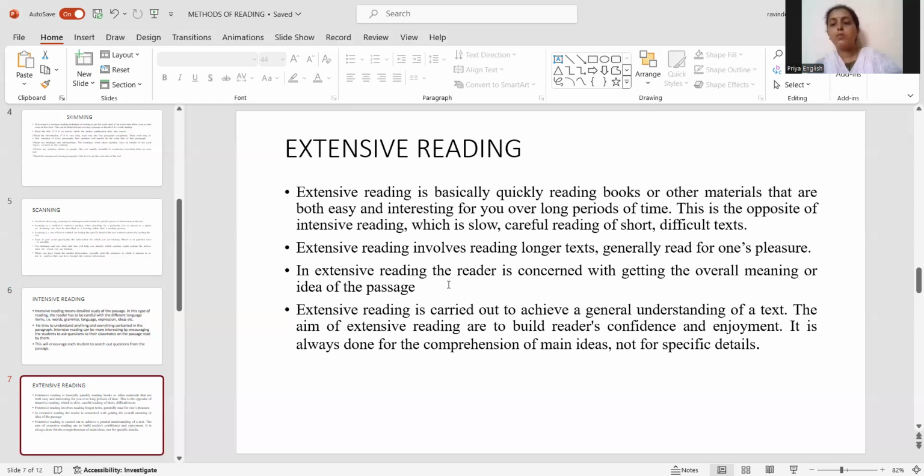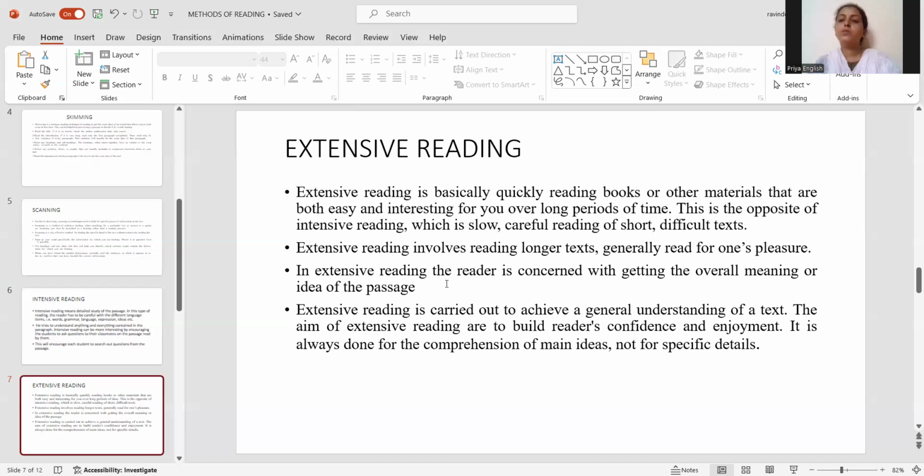For example, when you have a comic book or a fictional book and you are reading for pleasure, for your entertainment, you will just try to go through the text quickly. You will not do it slowly. You will not look into the different aspects of the language, the grammar, and all that. You're just reading it for pleasure.